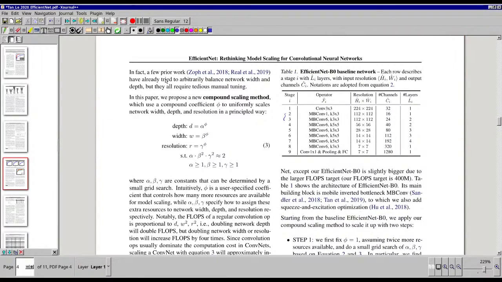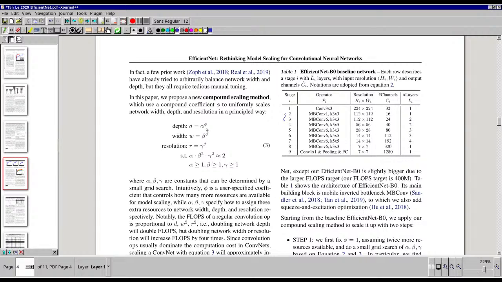In fact, a few prior works have already tried to arbitrarily balance network width and depth, but they all require tedious manual tuning. In this paper, we propose a new compound scaling method, which uses a compound coefficient phi to uniformly scale network width, depth, and resolution in a principled way.